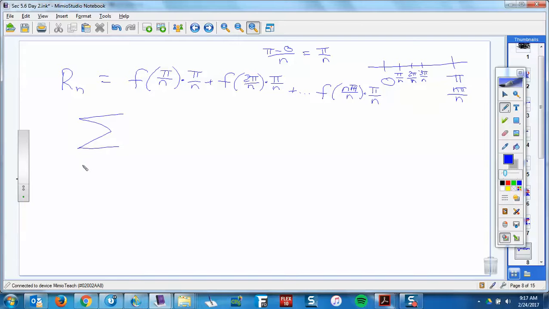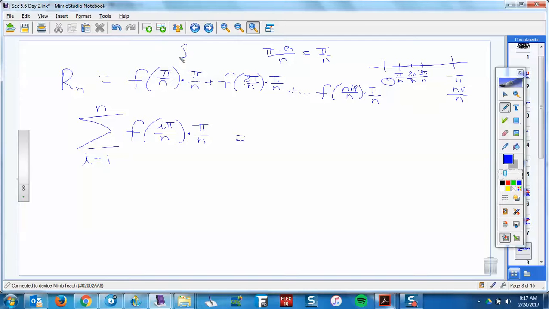Let's write our sigma. This is so cool. I know where this is going to end, because I know how this is going to end. i equals 1 to n, f of i pi over n times pi over n. What's the next step?